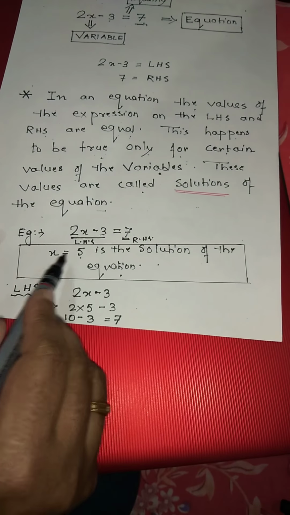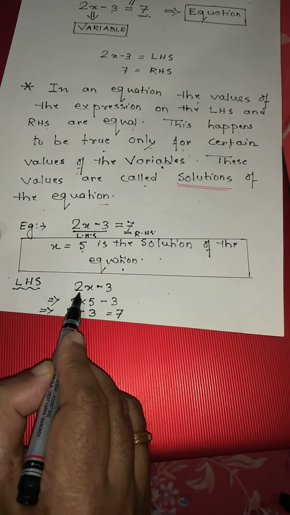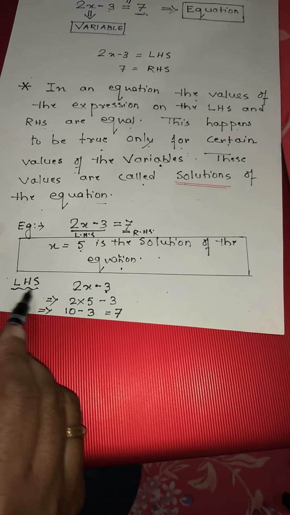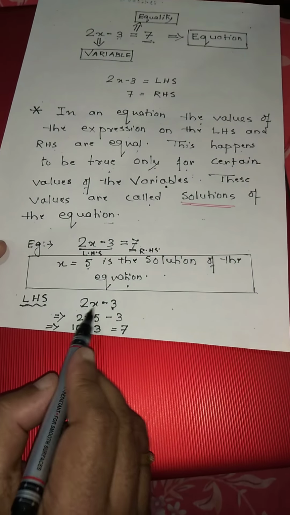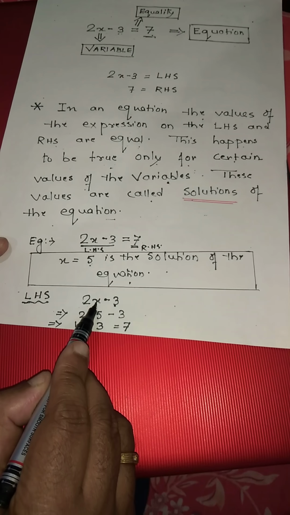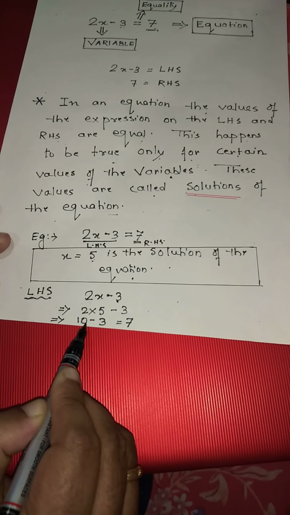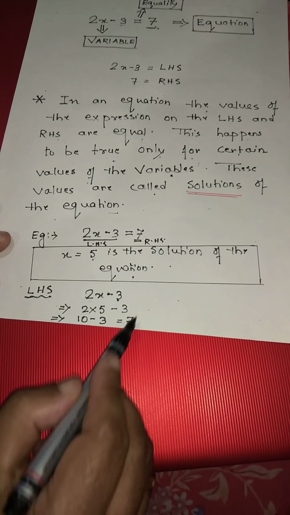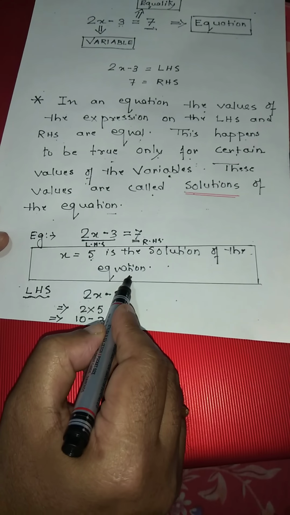How? When we put 5 in the place of x, it will look like this. LHS I have written, because 2x minus 3 is on the left hand side. So in the place of x, we are putting 5. 2 into 5 is 10. 10 minus 3 is 7. So it is satisfying the equation. So 5 is the solution of the equation.